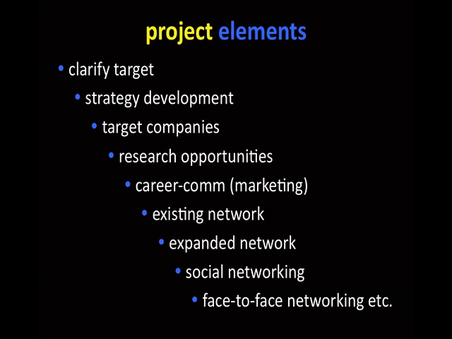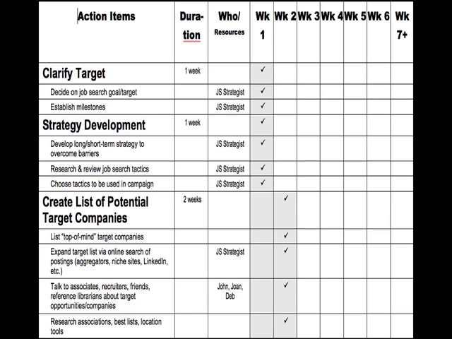Those are just a couple of places to start. There are a number of other steps beyond that, and here's what it might look like in terms of actually putting that together on paper.